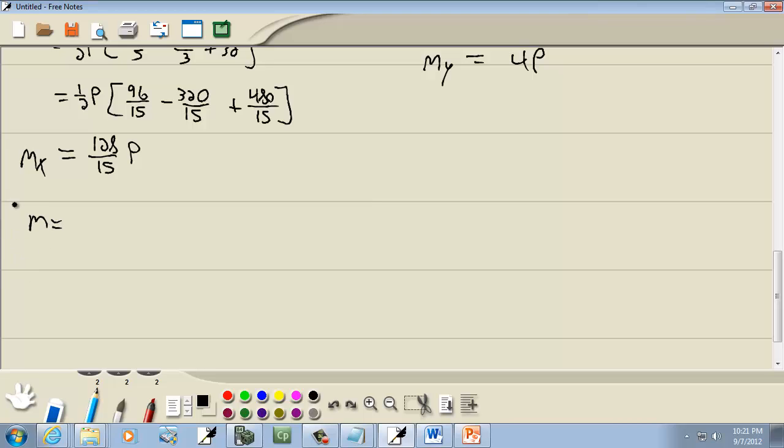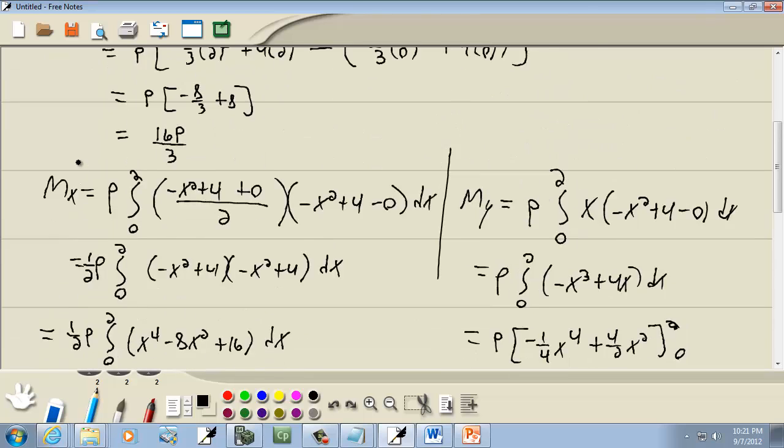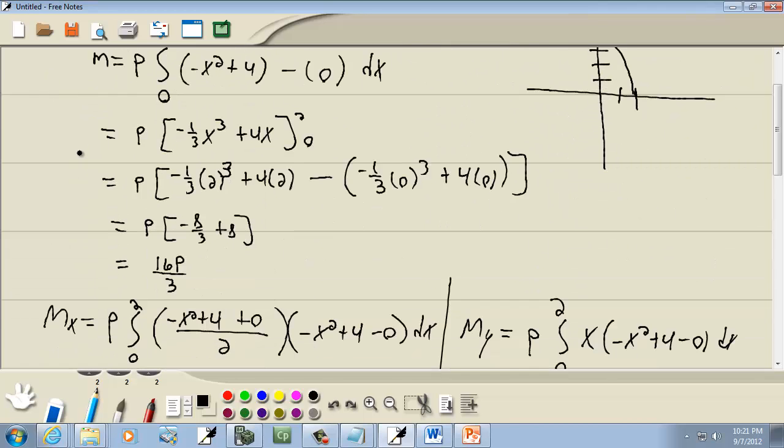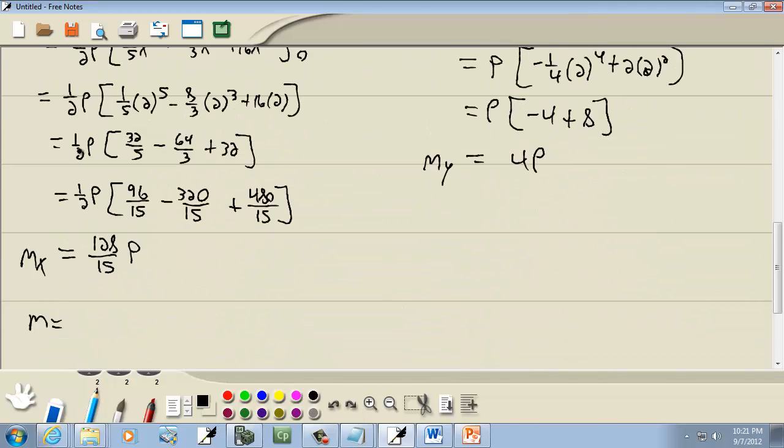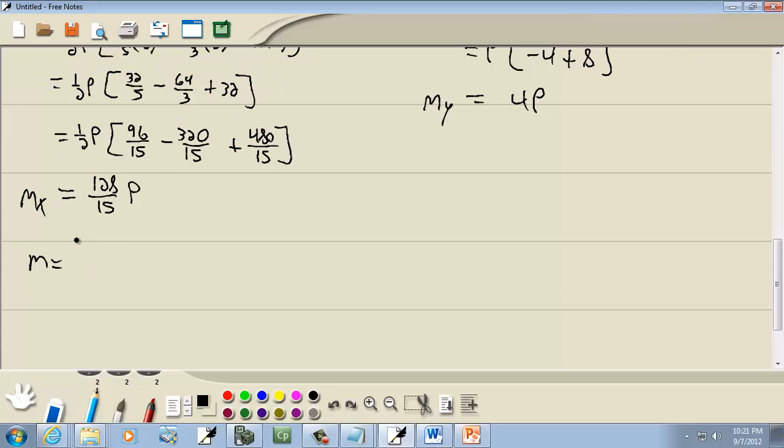Well, let's write down what we got so far. M was 16/3 rho. M sub x is equal to 128/15 rho. And m sub y is 4 rho.